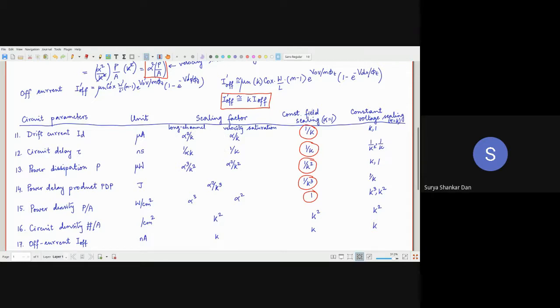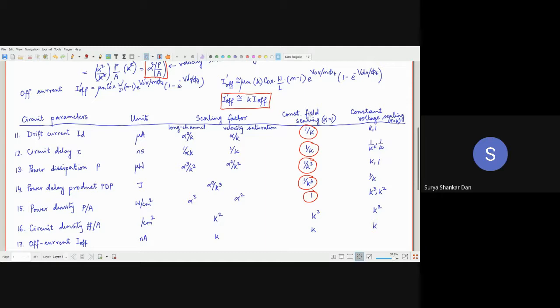But in constant field scaling, what is the advantage? What I'm trying to tell you is, suppose you are scaling from 180 nanometer to 14 nanometer directly. That's a huge factor, right? Like 180 to 7 nanometer, let us say.